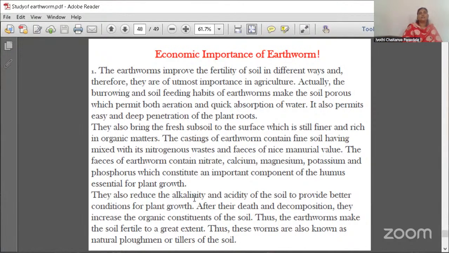Many people earn their livelihood by catching these worms and supplying them to the scientific laboratories.